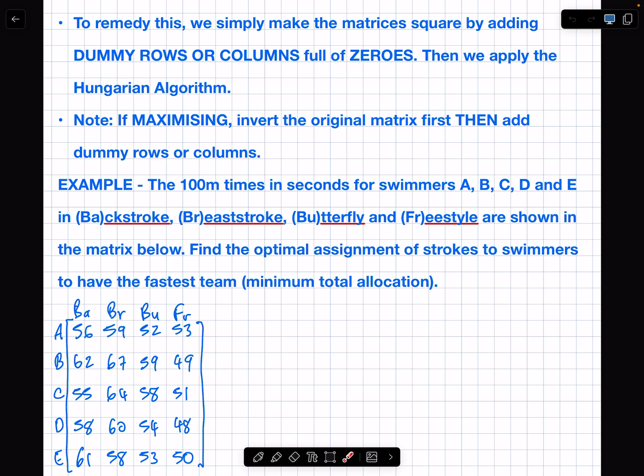So you might remember that lesson where you had Hungarian algorithm for the first time when I said, this is all you're doing until the end of the year. That is a true sentence.